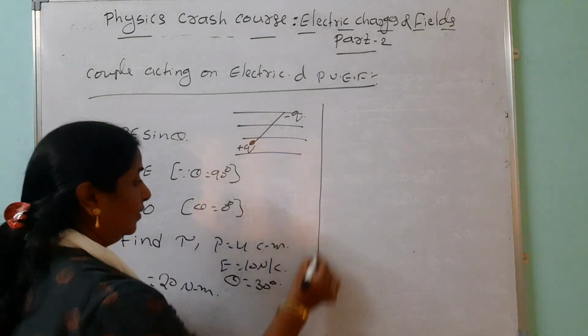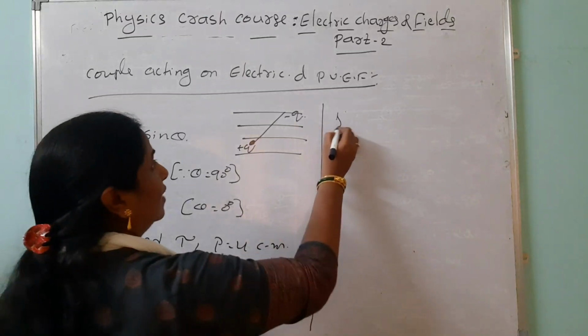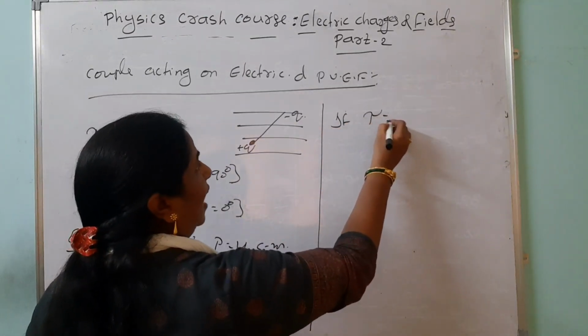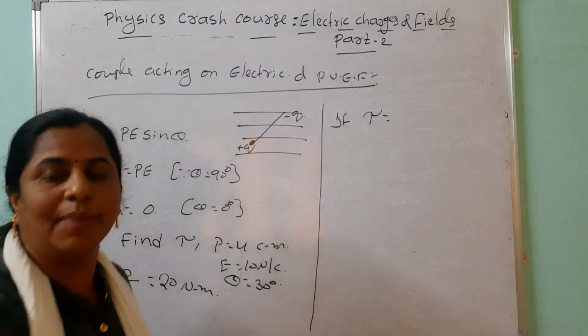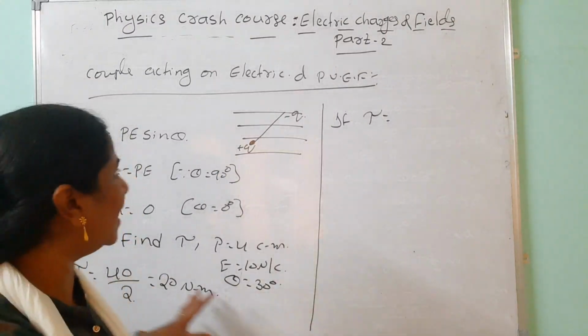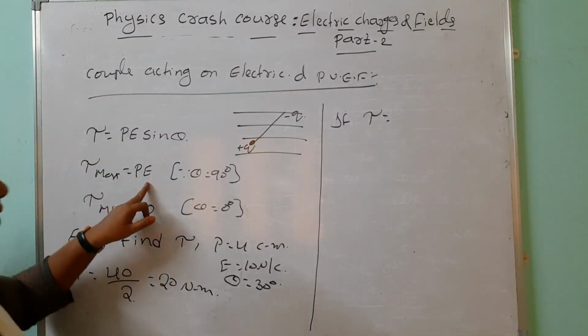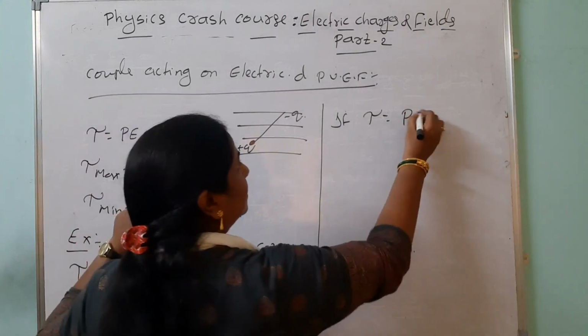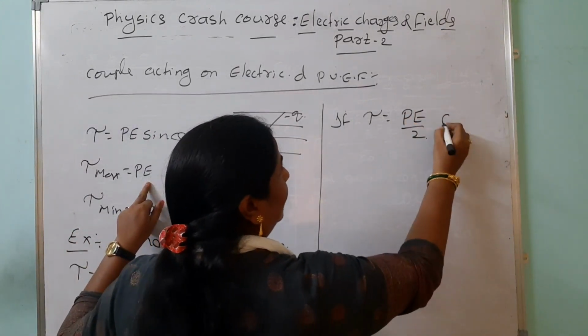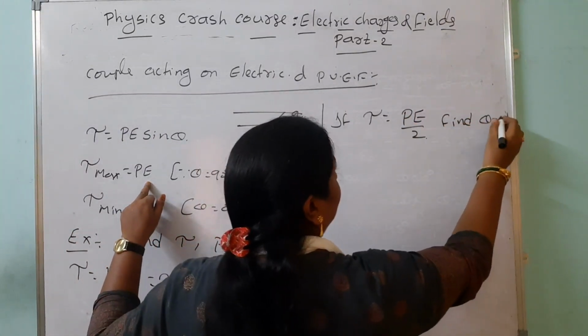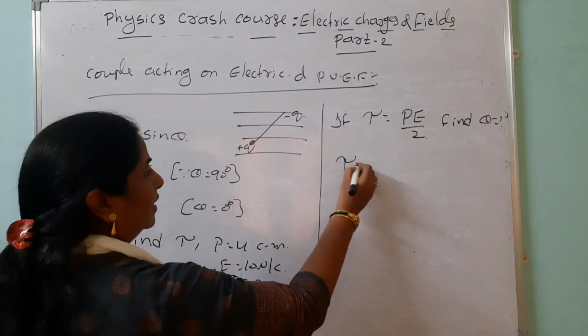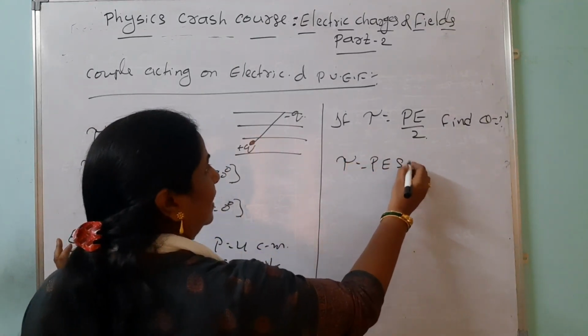Another question also we are doing here. If tau equals half of the maximum torque. Half of the maximum, we know that the maximum is PE. Half of the maximum means PE by 2. Find theta. How to find out? So tau equals PE sin theta.